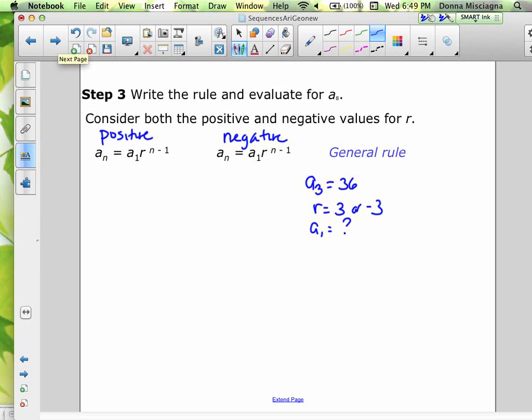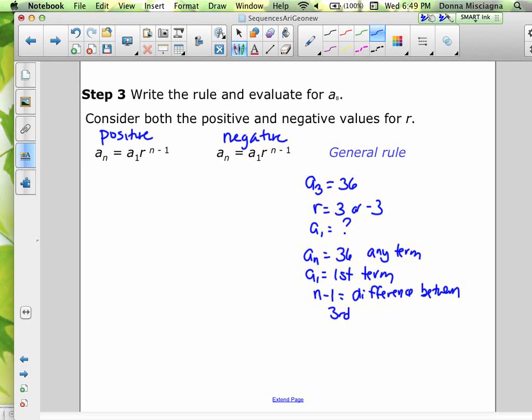Okay? And so AN is going to be 36. It's our any term. Okay. So A1 is going to be our first term. That's what we're looking for. And then n minus 1 is going to be the difference between the terms.